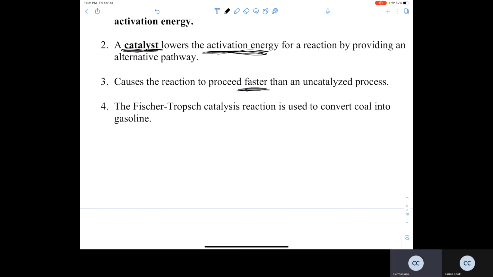So the whole purpose of using the catalyst is so that you can quickly convert the water gas into gasoline.